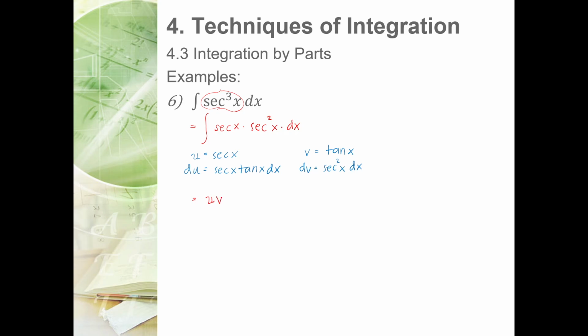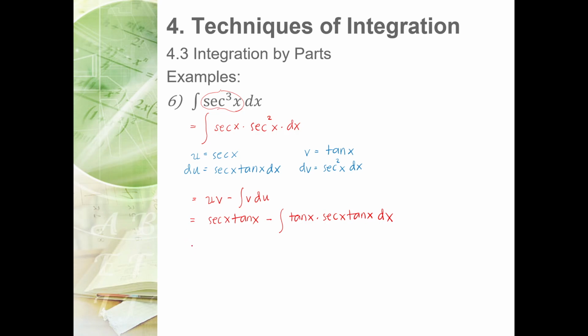So uv minus the integral of v du. So you have here secant x tangent x, then minus the integral of v du. So that would be tangent x times secant x tangent x dx.